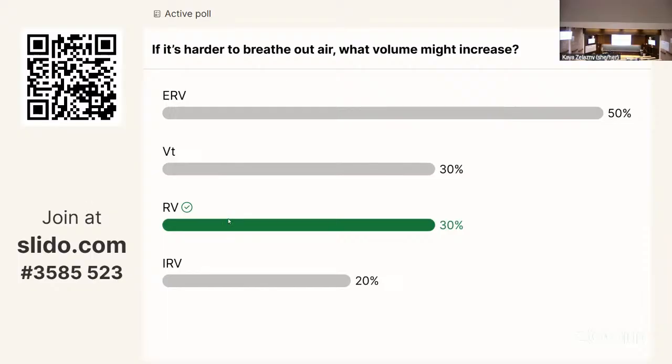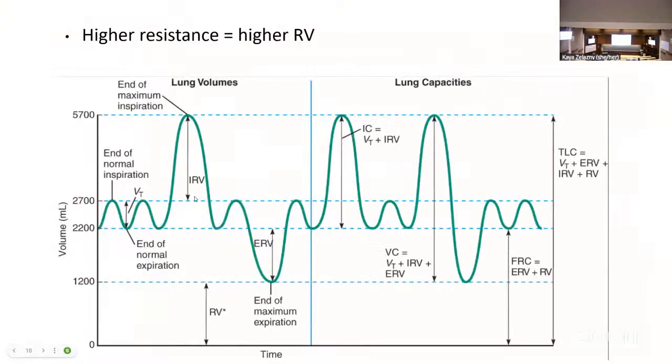But what we're going to see in these diseases that cause more constriction of the airways, is that we're often going to see that reserve volume building up, because as you try to breathe out air, usually you're not actually going to be able to push out some of that air remaining in the passageways, right?